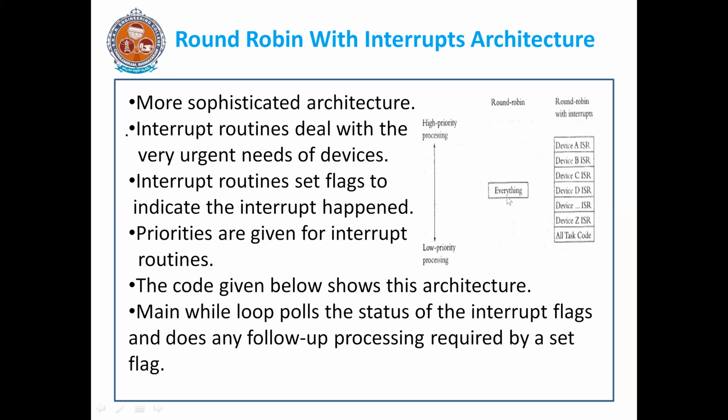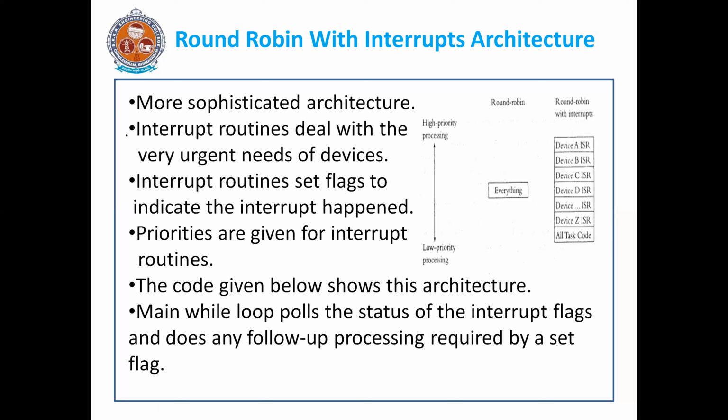In the case of round robin architecture, everything is written simply as tasks. But in round robin with interrupts, the hardware or devices that require service are written as ISRs, that is, interrupt service routines.